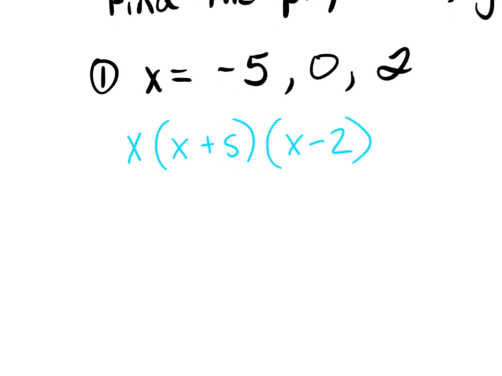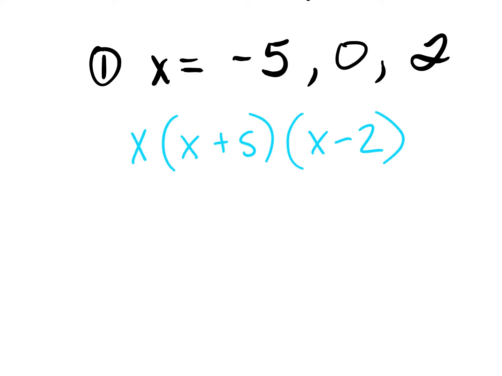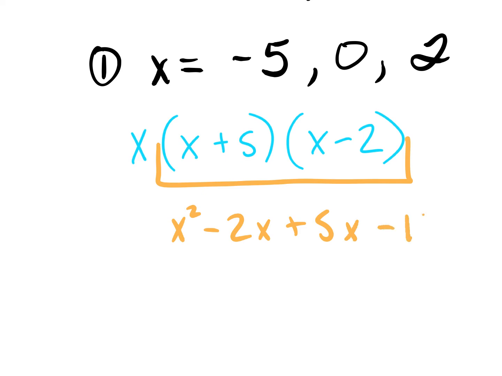So then to multiply this one out, what should I do? I'm going to FOIL. I'm going to start with these two first and FOIL them out. So x times x would be x squared minus 2x plus 5x minus 10. I'm going to combine my like terms.